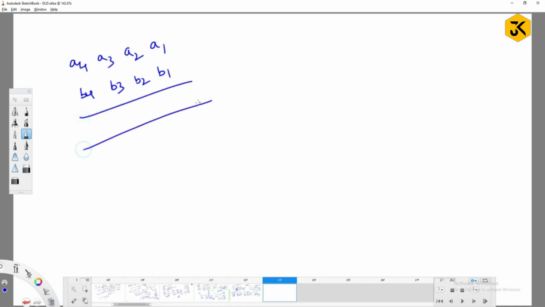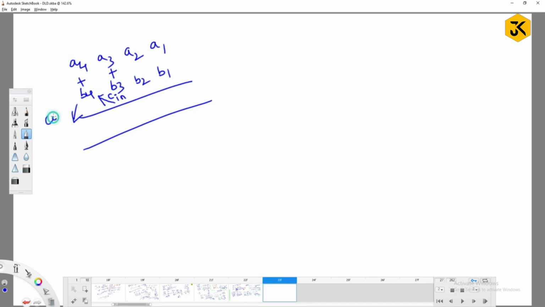If I am trying to add these two, right, both are 2's complement numbers. So the simple logic is, when you are trying to perform the addition of A3 and B3, if it is going to generate some carry, I can call it carry in. So that carry in will be added to A4 plus B4, and it is going to produce some result, right?